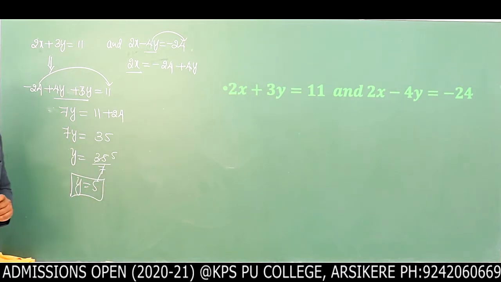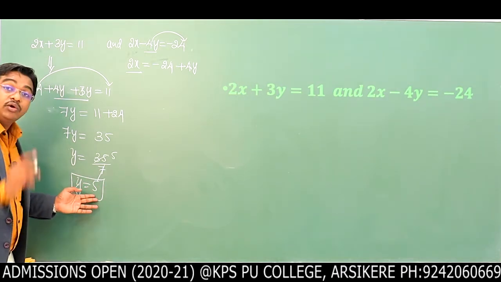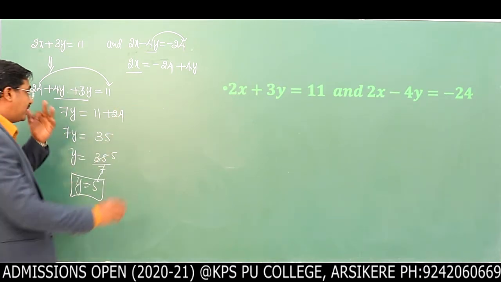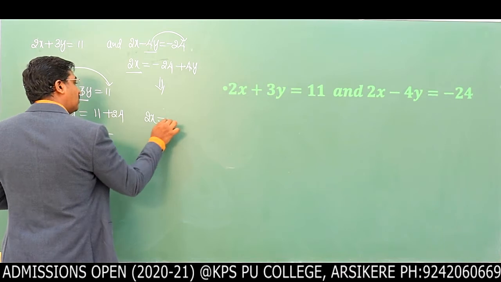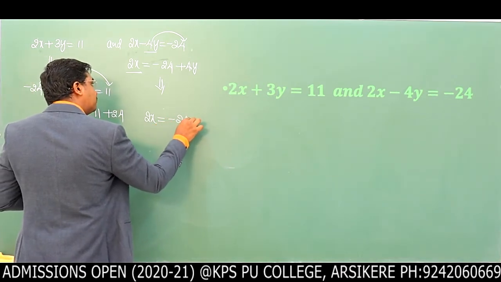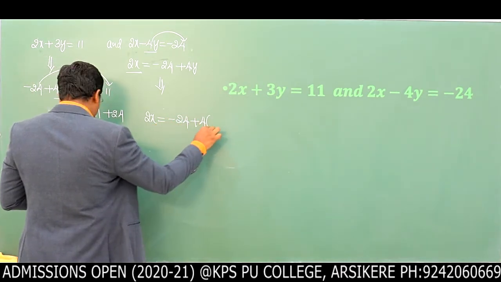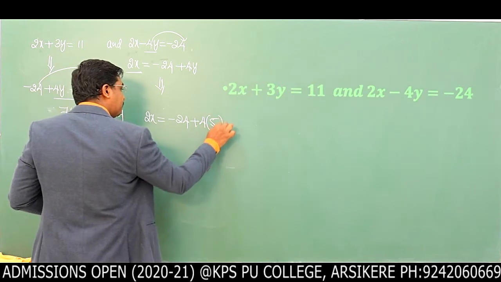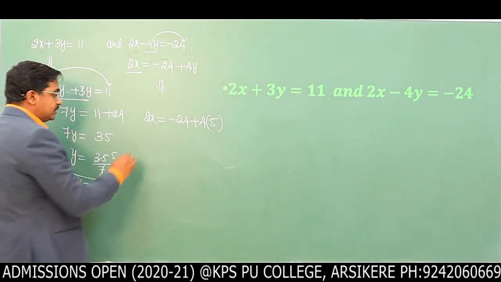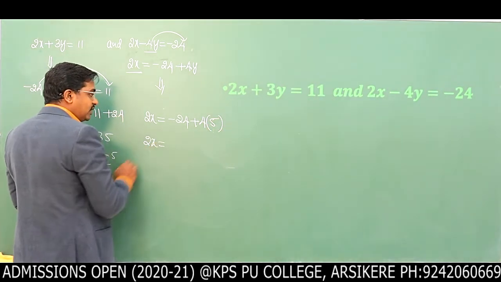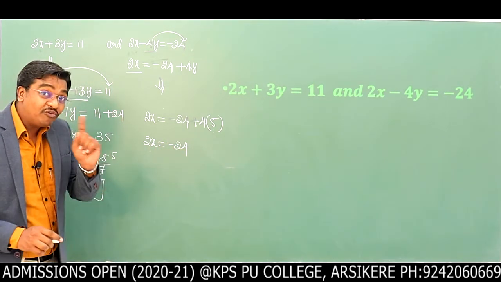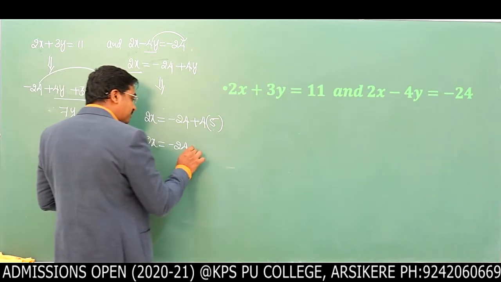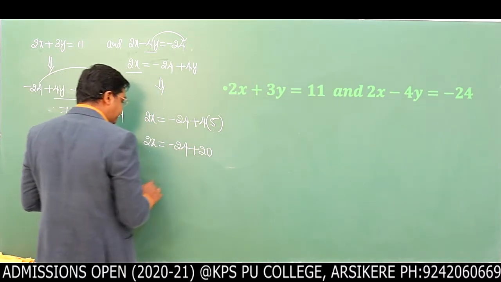Then how to get the value of x? Very simple. Substitute the value of y in this equation, and this equation reduces as 2x is equal to minus 24 plus 4 into 5. So what will be the answer? 2x is equal to minus 24 as it is. 4 5s are, what is the answer? Very good, that becomes plus 20.